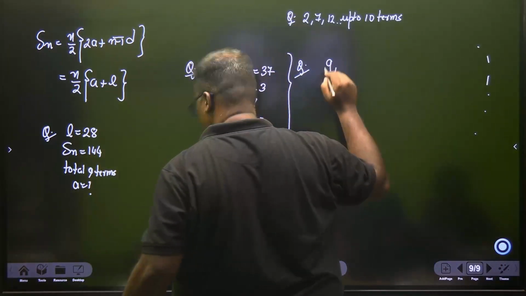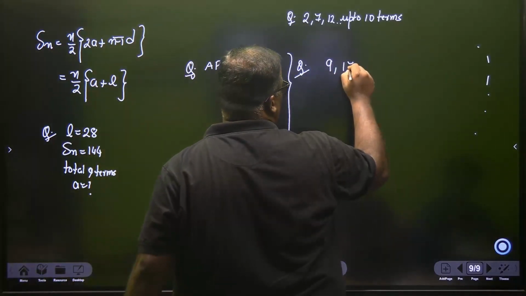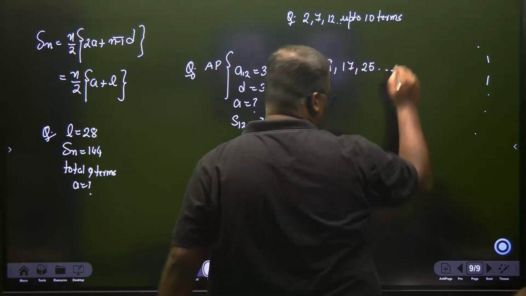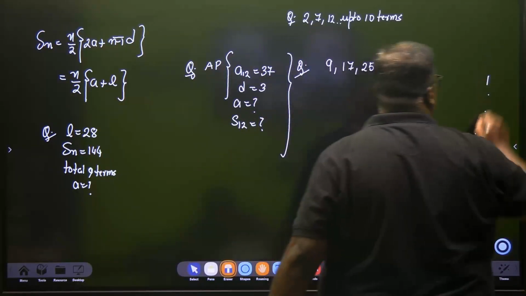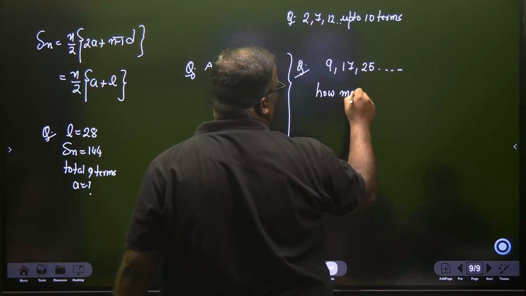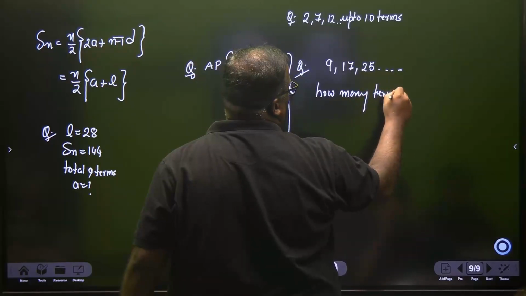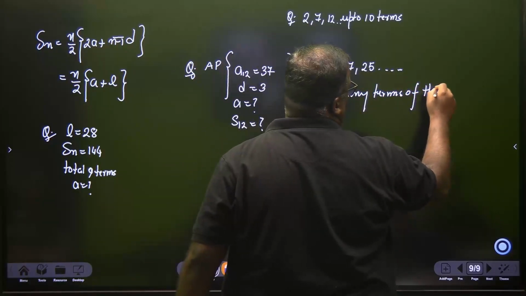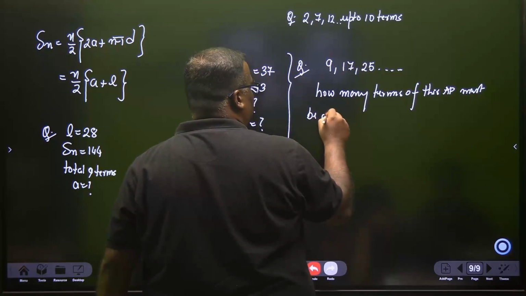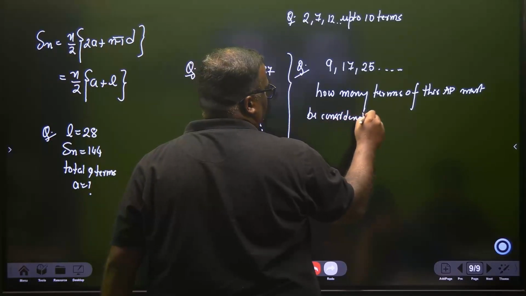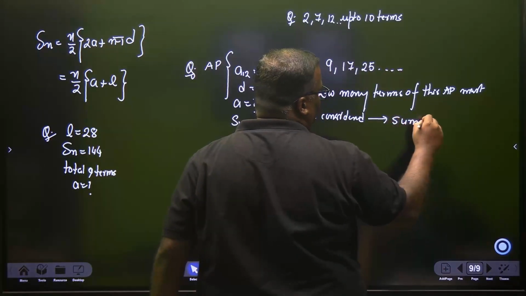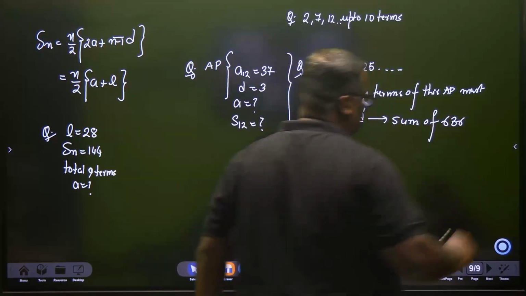There is an AP 9, 17, 25, and so on. The question is, how many terms of this AP must be considered to get a sum of 636?